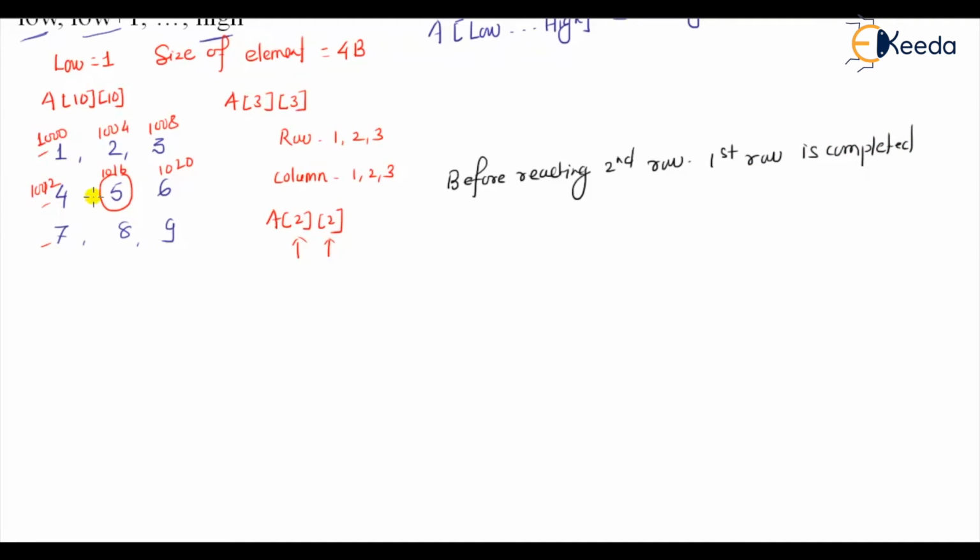Now each row consists of how many elements? 3 elements. This comes from how you have declared it, with rows and columns. Each row consists of 3 elements, which is nothing but the number of columns.